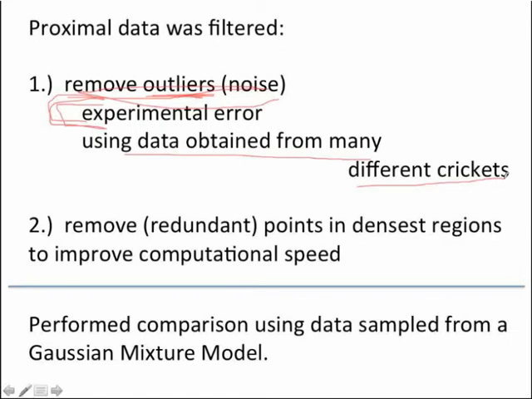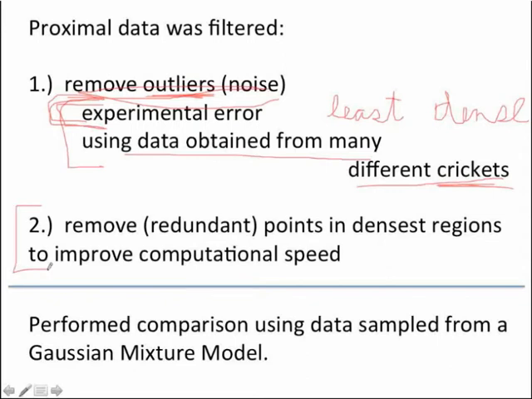Whenever you're comparing data from different sources, you're going to get even more noise, so removing outliers, removing your least dense regions, is a good thing to do. So that's the first thing: filter your data to remove your outliers that are likely related to noise or complications from getting your data from a variety of different sources, a variety of different crickets.